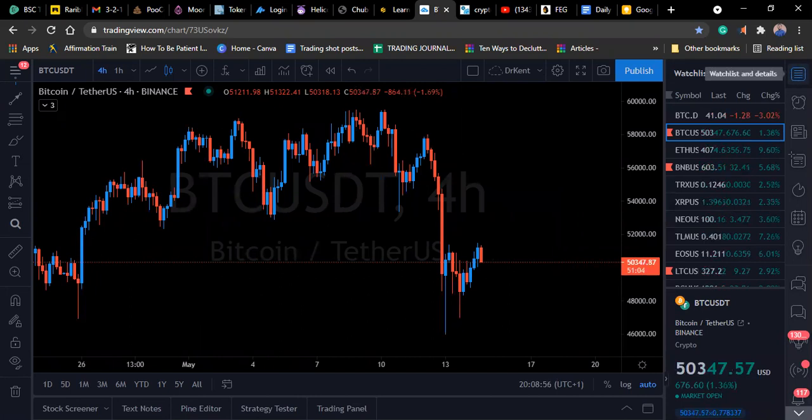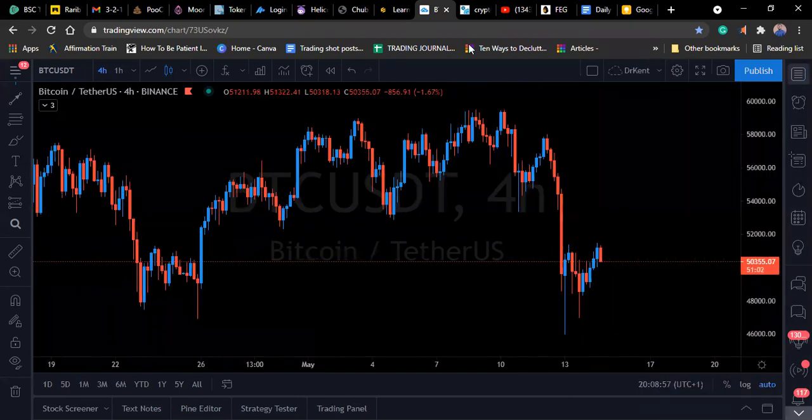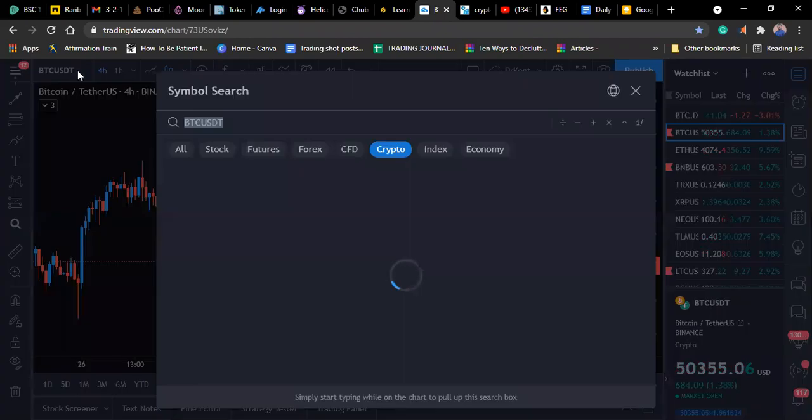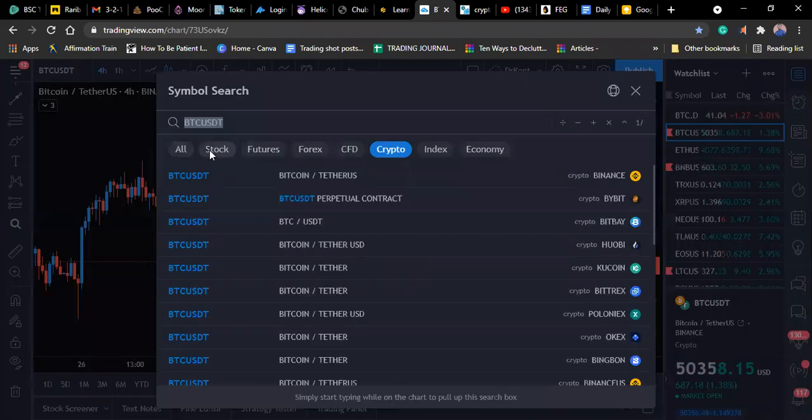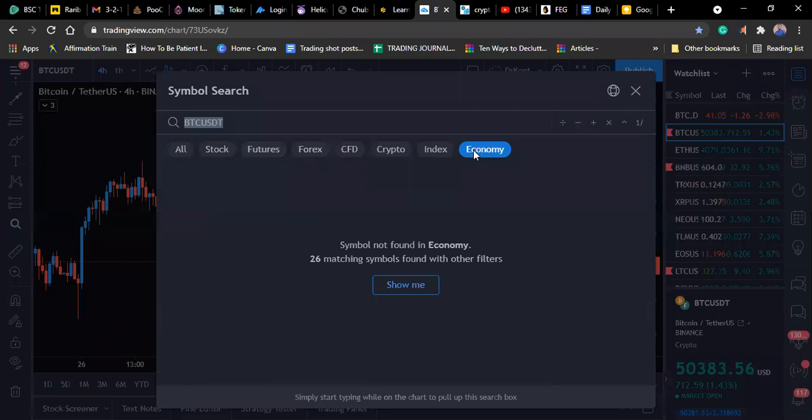Like if you want to trade stocks, indices, forex, so you have stocks, futures, forex, CFDs, crypto, index, all sorts, commodities, gold, cocoa, oil, silver, name it. Everything that is tradable in the different financial markets of the world is captured here on TradingView.